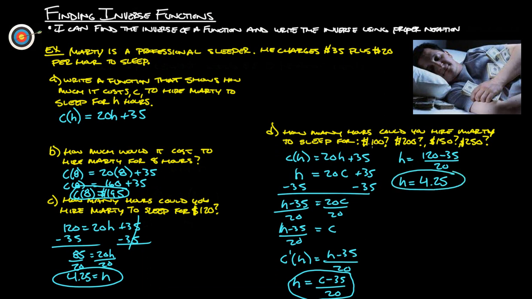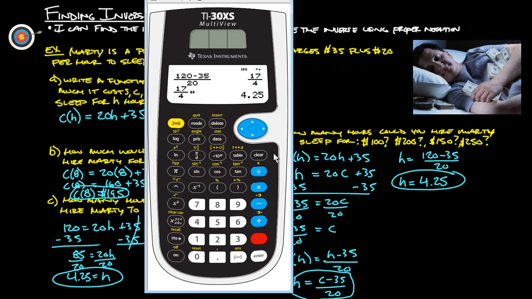So now when we want to plug in 100, 200, 150, and 250, we can just do this. I'm going to go back up here and push enter. And then all I need to do is edit this one.